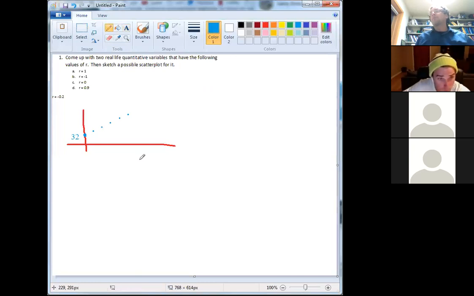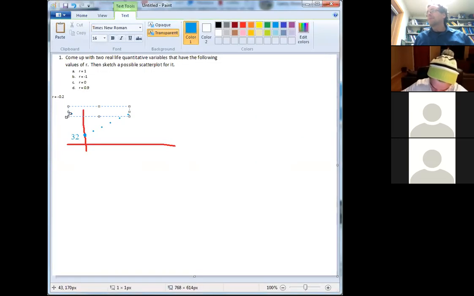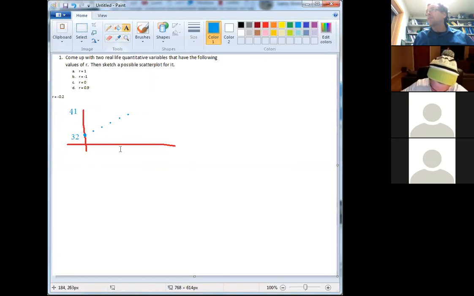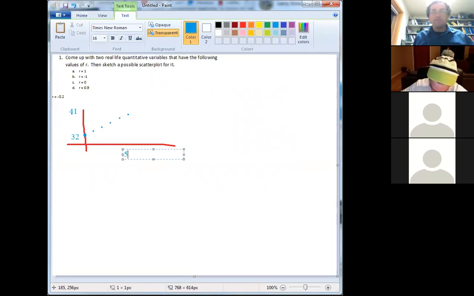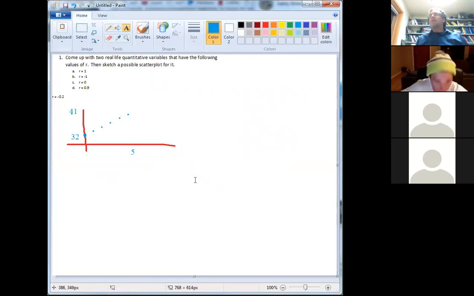Okay, so that line has a slope of 9/5, so that means if you move up 9, you go over 5. So if I go up to here, that's going to be 41. And this will be 5. Any questions on that? And that way our slope was 9/5.